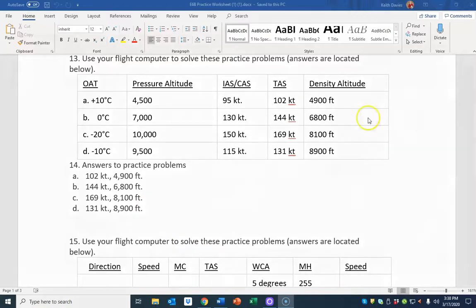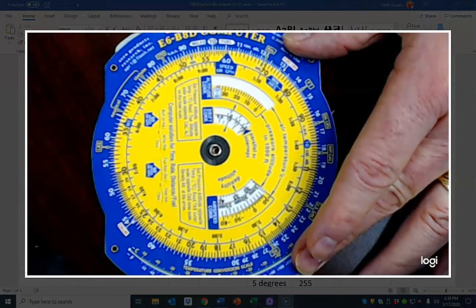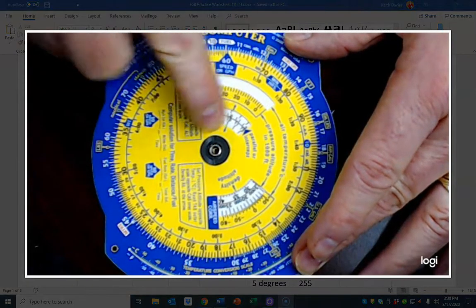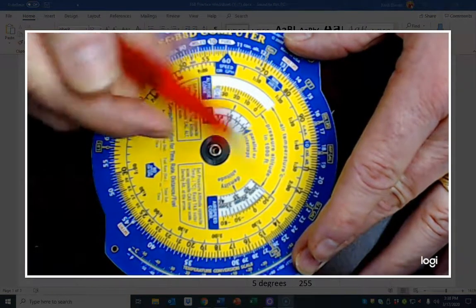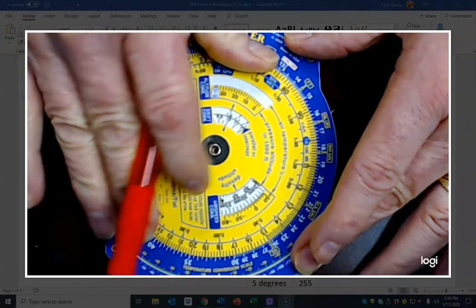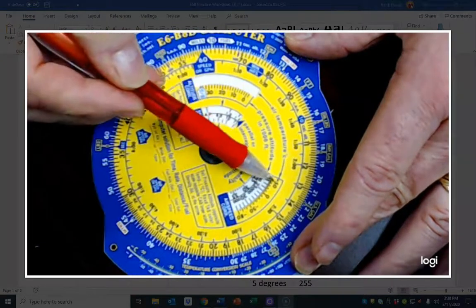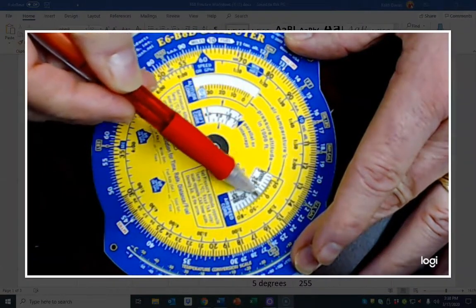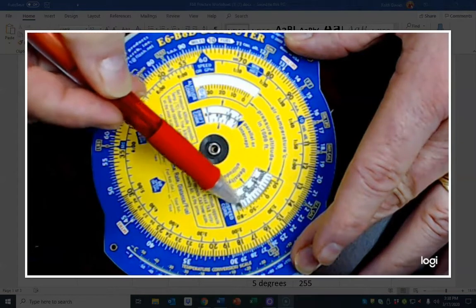The scales that you use are on the inside. Okay. These are the scales right here that you use to convert. So if you twist here, the outside scale here is your temperature scale. Okay.